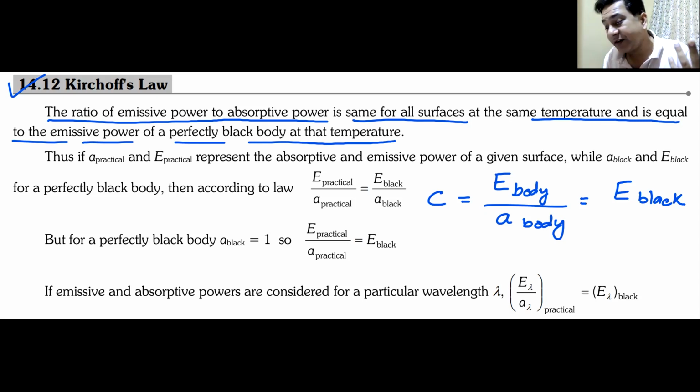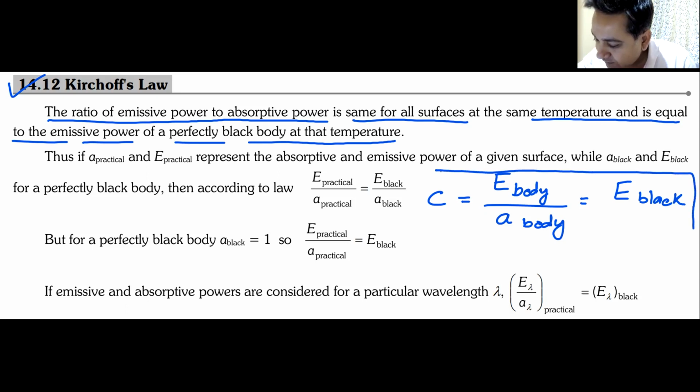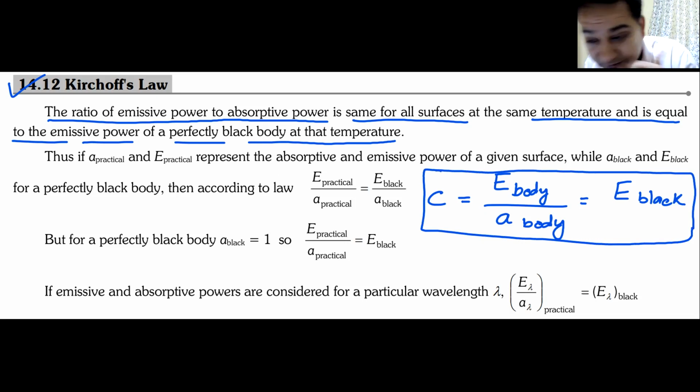So emissive power of any body divided by the absorptive power of that body will be equal to the emissive power of the black body of the same dimension at the same temperature. Do we understand this? A very important statement that you must remember.